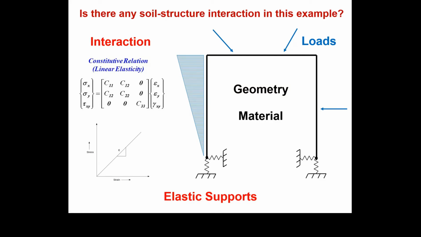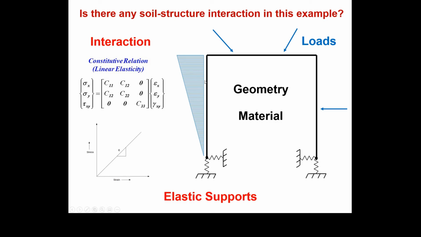A first approximation to reality could be, okay, the reality is that there is no such rigid foundation, but what happens if we connect the structure with springs? This is another extreme, because we are going to have a behavior for this spring expressed by this relation between the stresses and strains, and this matrix with certain elastic properties for these springs.